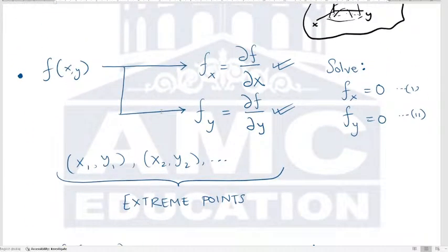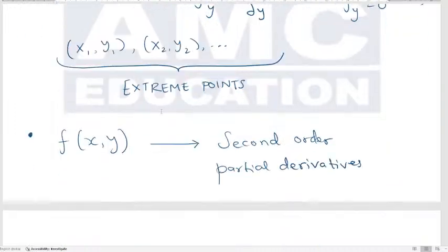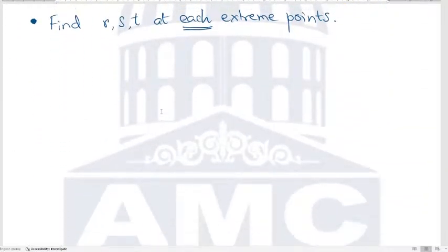We got the extreme points by solving fx equal to 0 and fy equal to 0. So at each of these extreme points, we'll find out what our r, s, t values are. Once we find out these values, we are going to find the value of rt minus s square.